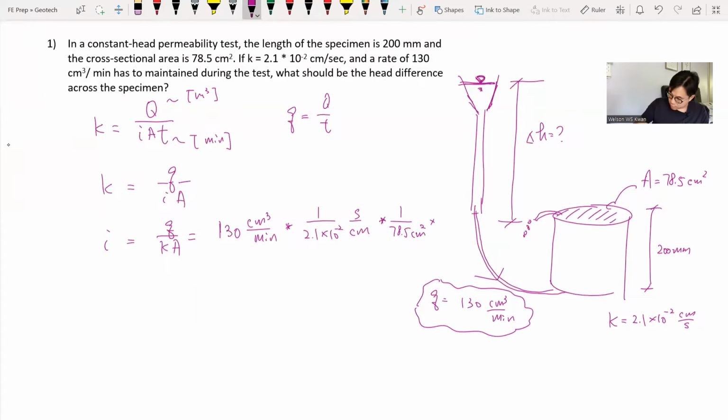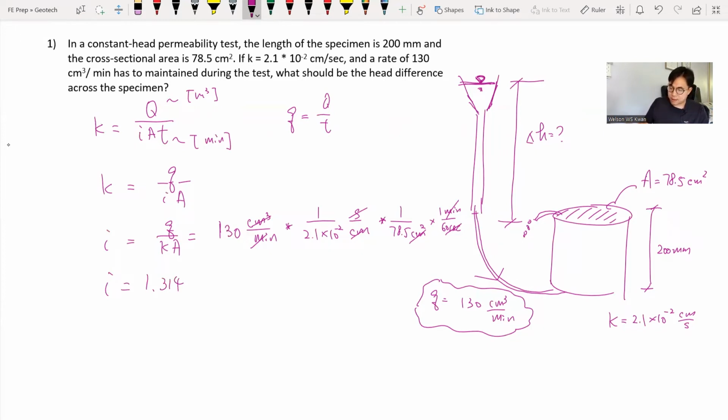Realize the units cancel out, and the hydraulic gradient is a dimensionless parameter. So eventually we got i equals 1.314.